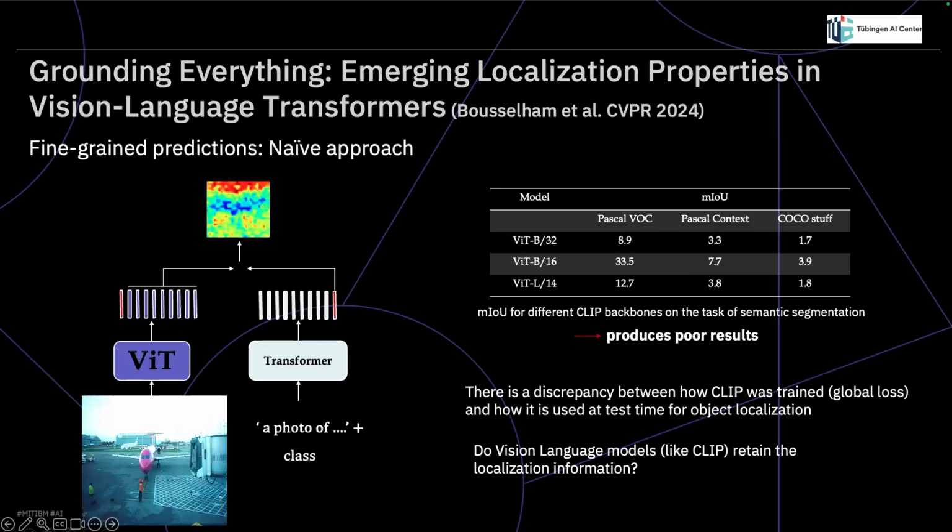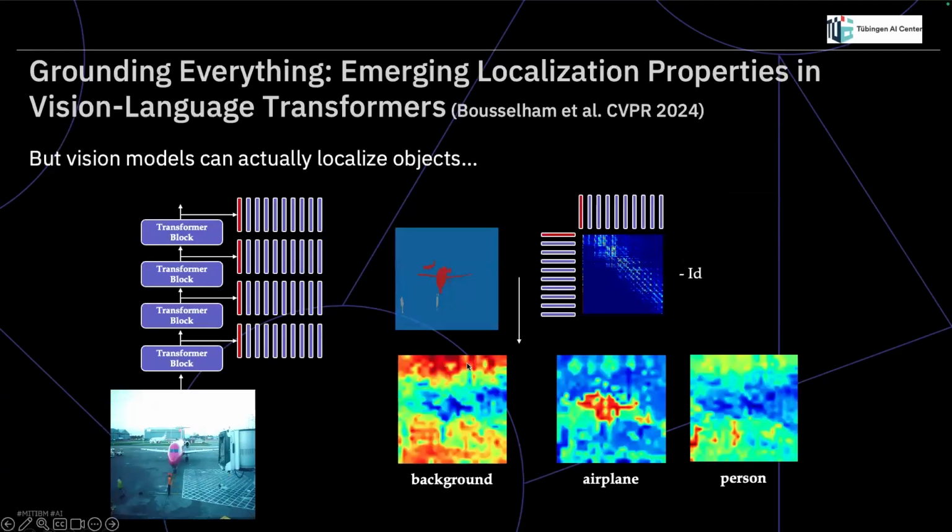And the reasoning behind that makes sense, because CLIP is always trained on this kind of global loss. So matching the class token to the class token, there is not much supervision for the patch tokens in general. So why should that actually work? But there was always a feeling that vision language models like CLIP anyway have some localization information.